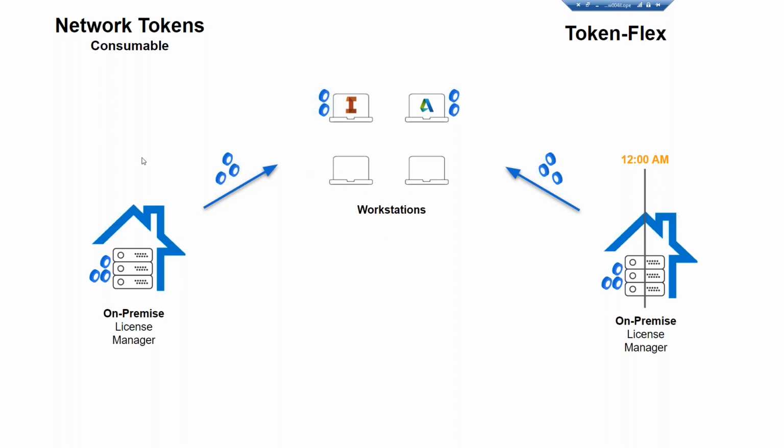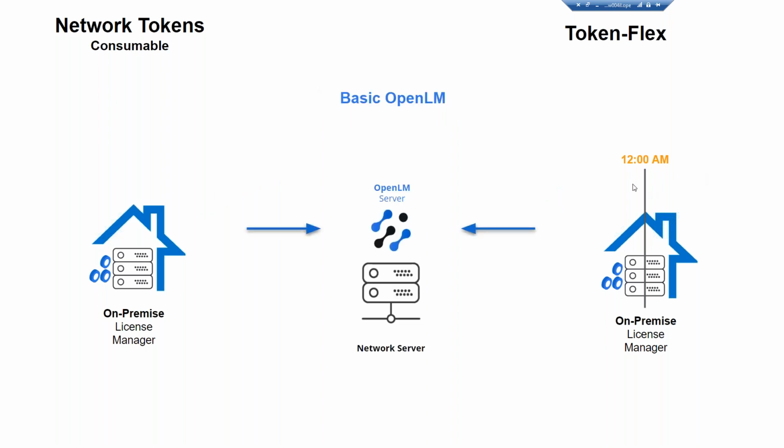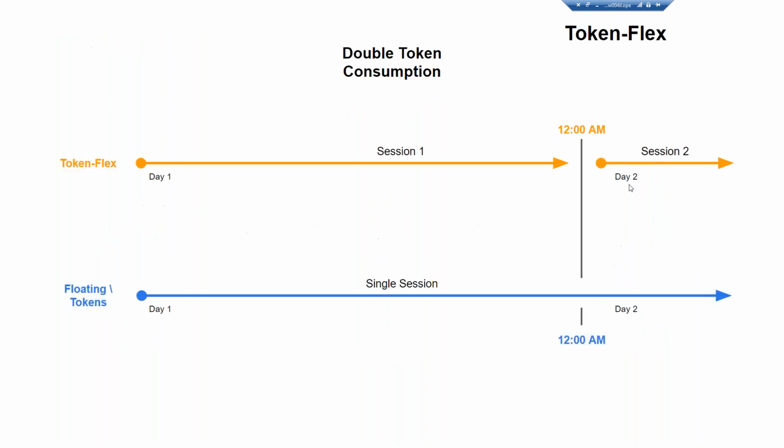For example, you consume the tokens, but it's a daily consumption rate. That means when 12 a.m. rolls around server time, you'll have users getting more tokens for the same session. Now, OpenLM, of course, can help you with that, but let's dive into Tokenflex and its pros and cons.